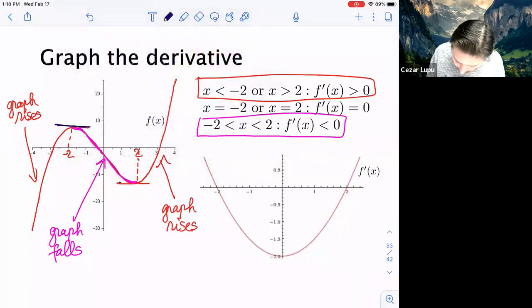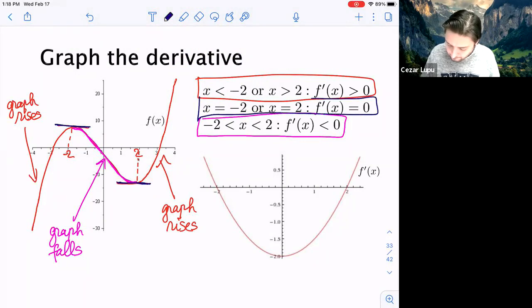At these 2 points, the graph flattens, and you'll find it right here. And this will be what we call a local minimum or local maximum. So these 2 points.